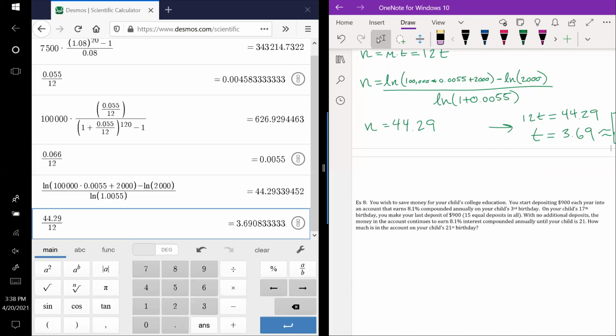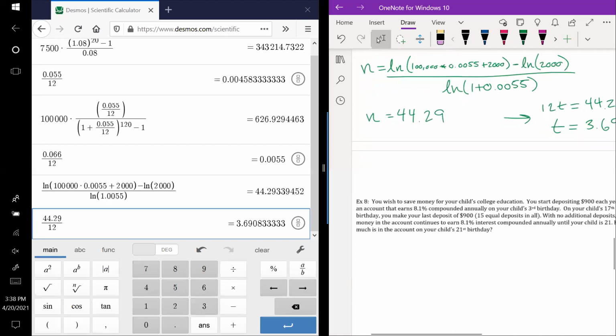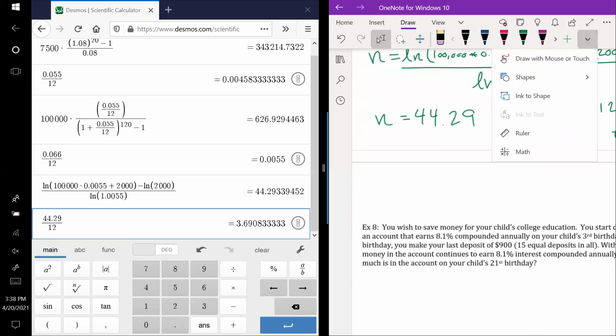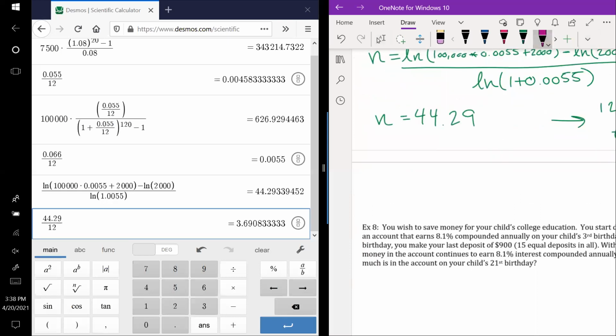All right. So what we need to start first is we need to find the future value of the money you've been depositing so far. So that's what we need to find first. So I guess we can make that a step. We'll call it A. Find future value.